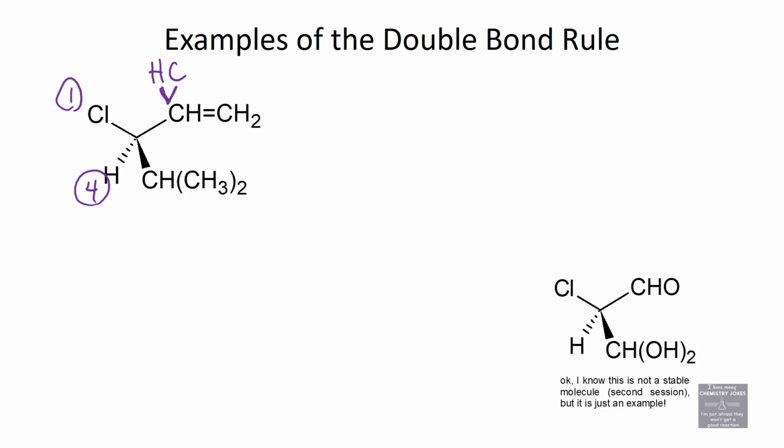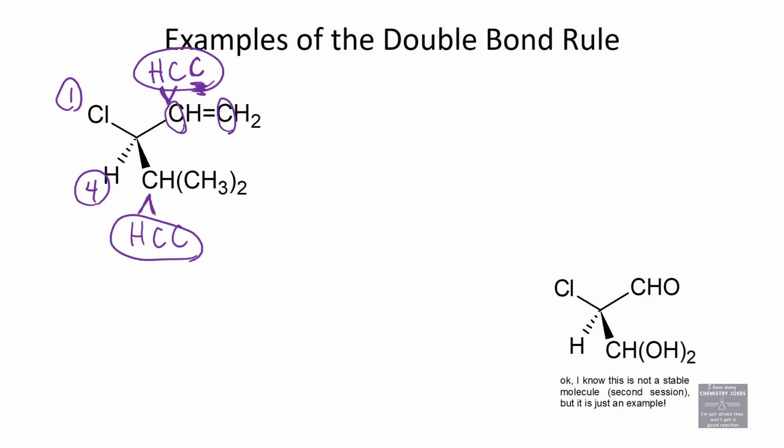But the double bond rule says pretend like that atom is attached to 2 of the thing that it's double bonded to. So Kahn-Ingold-Prelog rules say we count this carbon twice when we're deciding what this carbon is connected to. This carbon is connected to a hydrogen, a carbon, and another carbon.